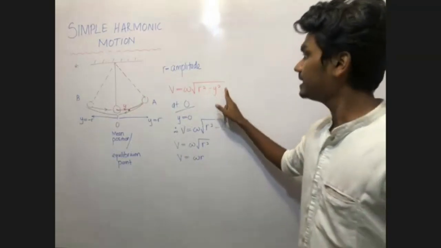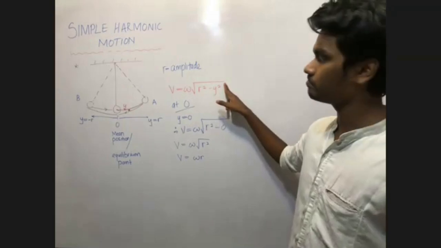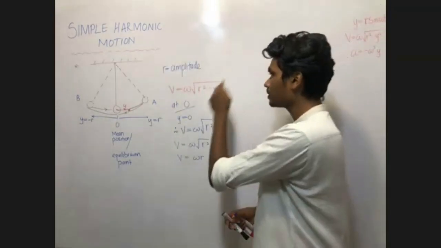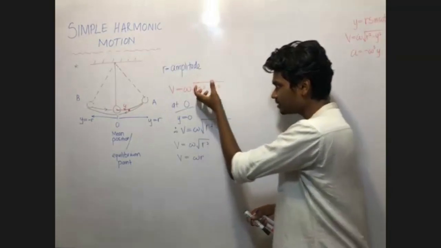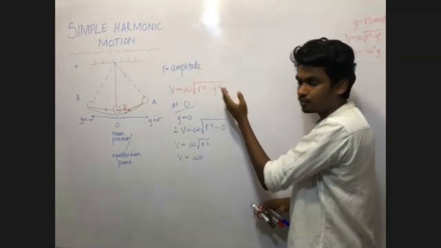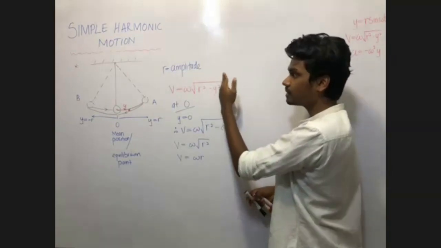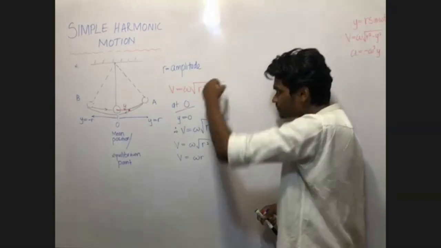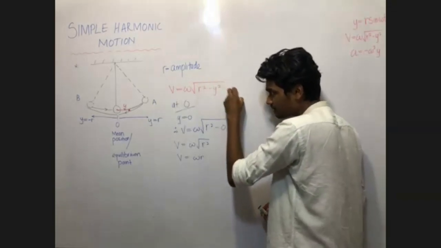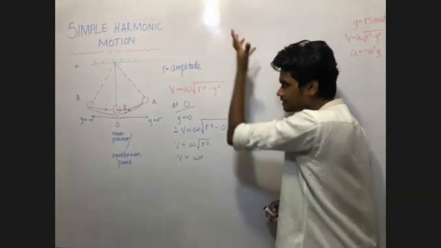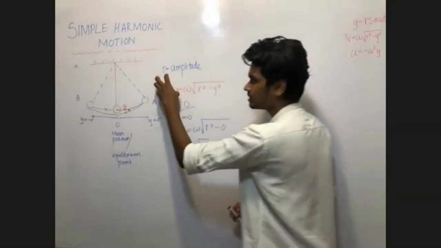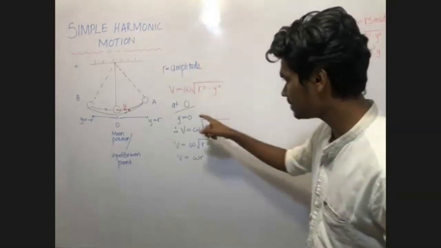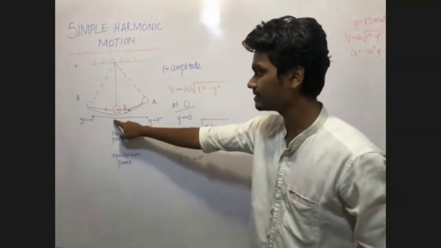When y is maximum, V is minimum. Think about it, because from a certain thing, you are subtracting y squared. When the subtracted term is maximum, the remainder is minimum. When the amount being subtracted is minimum, the remaining is maximum.